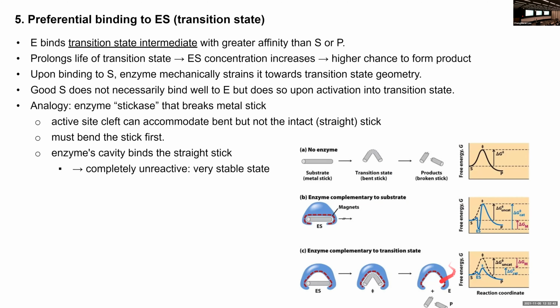And the last type of catalysis is preferential binding to the ES complex, or the transition state. Again, this is important, and there was a question about this covalent bonding, whether that is good or bad for the ES complex.